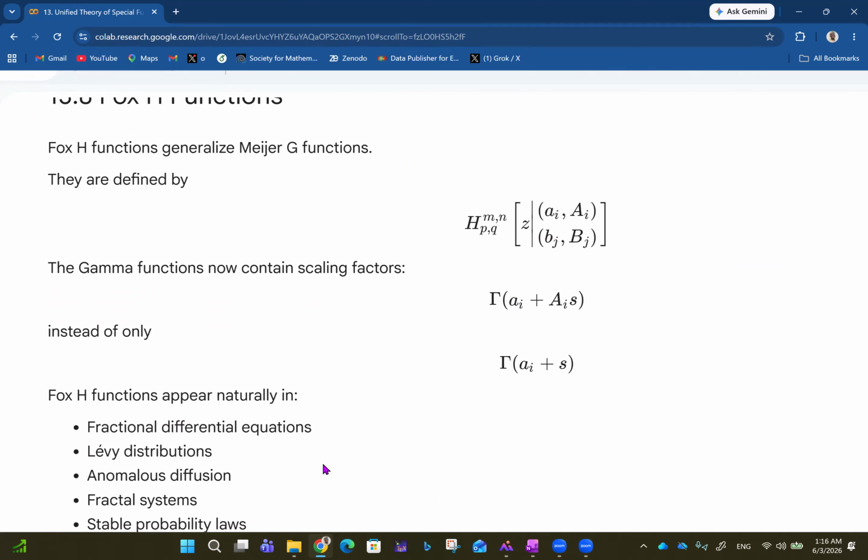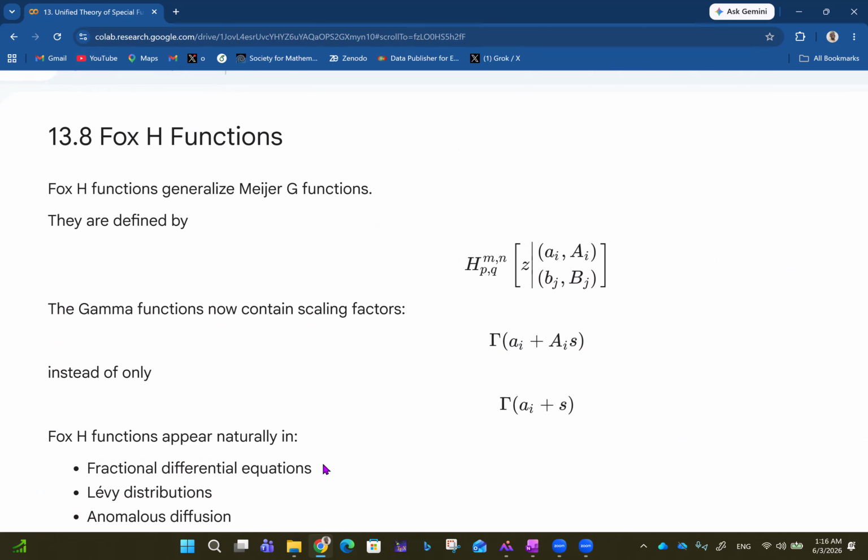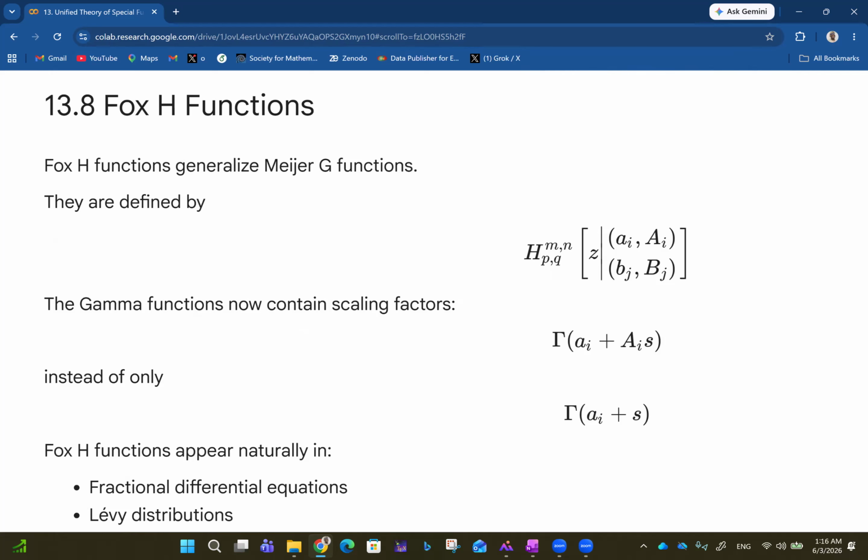Then we go on to talk about the Fox H functions. Fox H functions generalize the Meijer G functions, and they are defined by H sub P, Q super M, N of Z given (A_i, big A_i), then (b_j, big B_j). So the gamma functions now contain scaling factors.